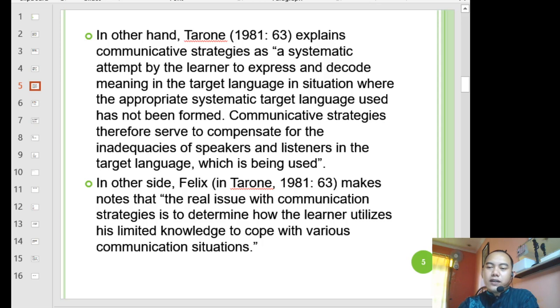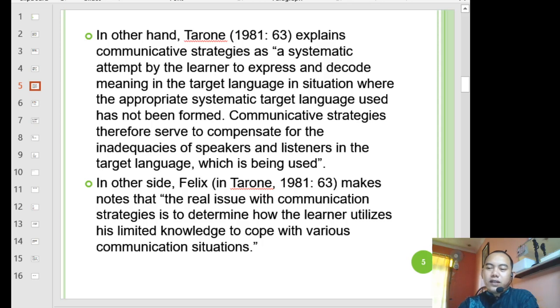Communicative strategies therefore serve to compensate for the inadequacies of speakers and listeners in the target language which is being used. In addition, Faerch in Tarone 1981 notes that the real issue with communication strategies is to determine how the learner utilizes his limited knowledge to cope with various communication situations.